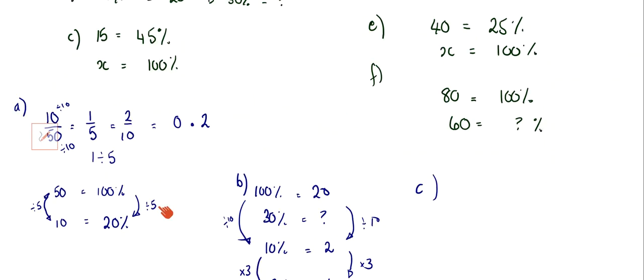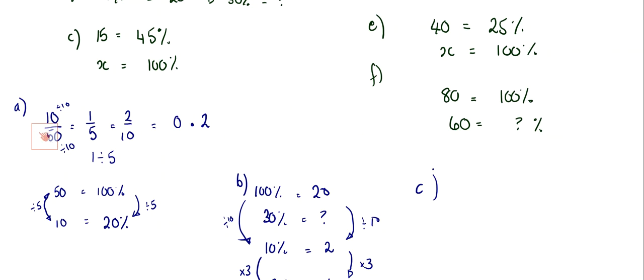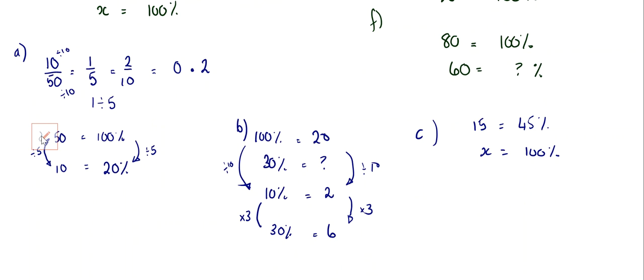C. Same kind of idea. 15 is 45%. We say X is 100%. Okay. I'm not going to use the way we talked about yesterday because only a few people got it, but if you want to use that, that's fine. This time I know that 45 doesn't go straight to 100, but I do know I can divide by 5.